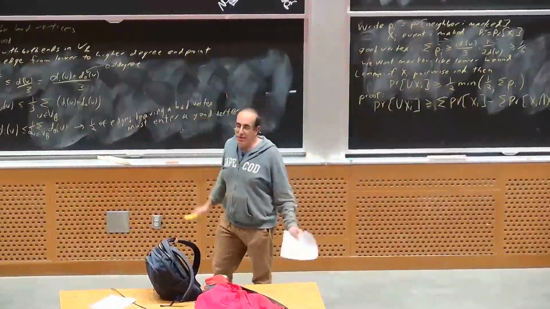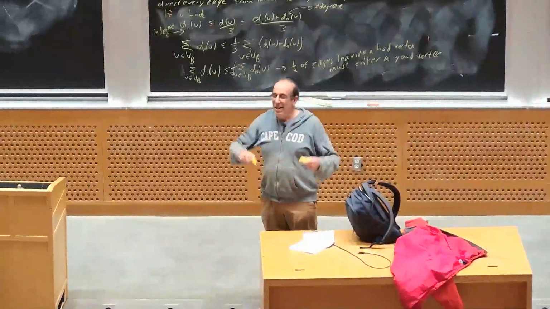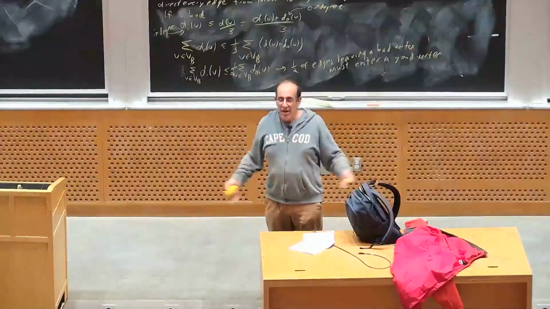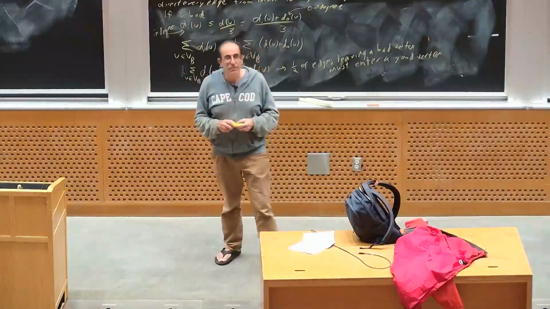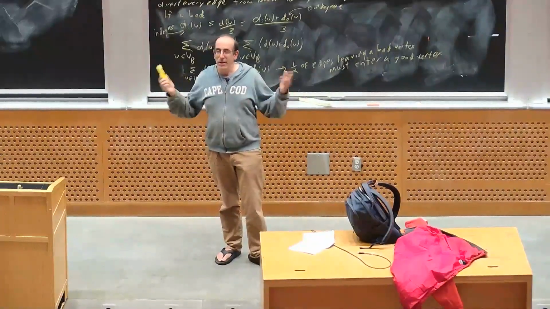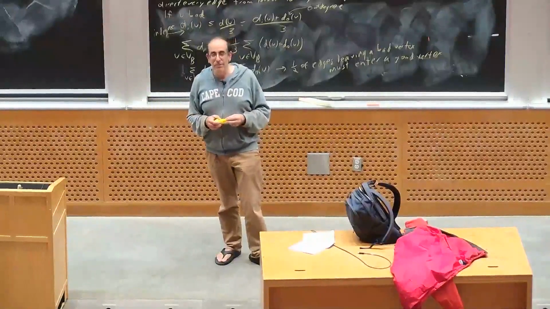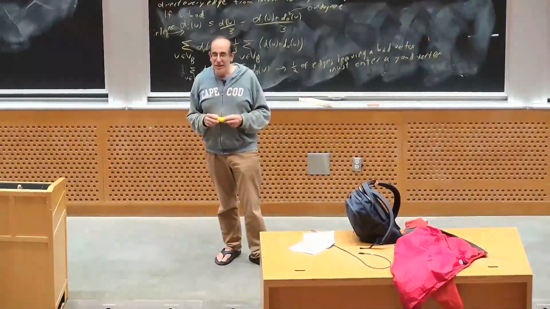And that completes the proof that pairwise independence suffices, and therefore that you can de-randomize this algorithm and end up with an NC algorithm for independent set. Without doing anything else clever, right? All the cleverness is in the randomized algorithm. And that's the end of the story for maximal independent set.